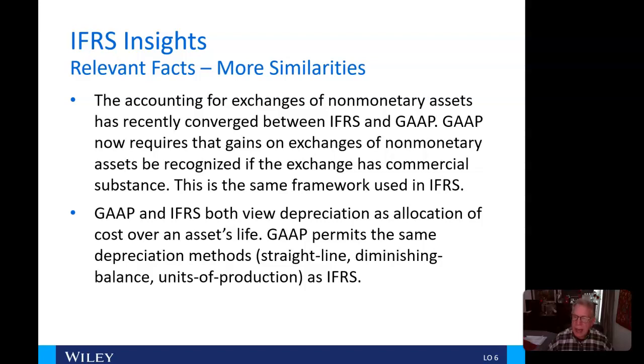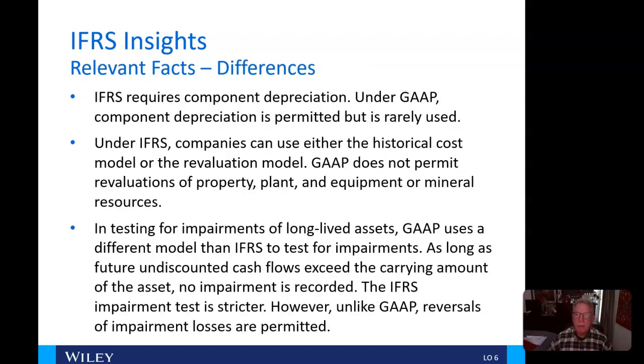Number 2, GAAP and IFRS both view depreciation as allocation of cost over an asset's life. GAAP permits the same depreciation methods, straight line, diminishing balance or declining balance, units of production, as does IFRS.